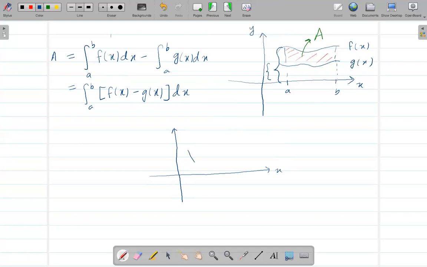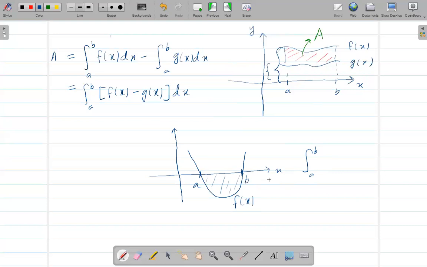Also, let's say we have a graph something like this. This is A, this is B. Now here I want to find this area, from A to B. Let's say this is the f of x function.